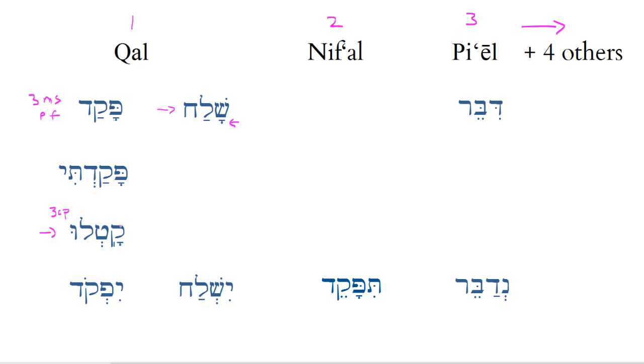The R1 letter begins the form. We do have the qamets as the R1 vowel and no doubling of R1 or R2. And so that's our box. Notice also that the theme vowel in this case has reduced to a vocal schwa, qatalu. We'll talk about that in more detail.